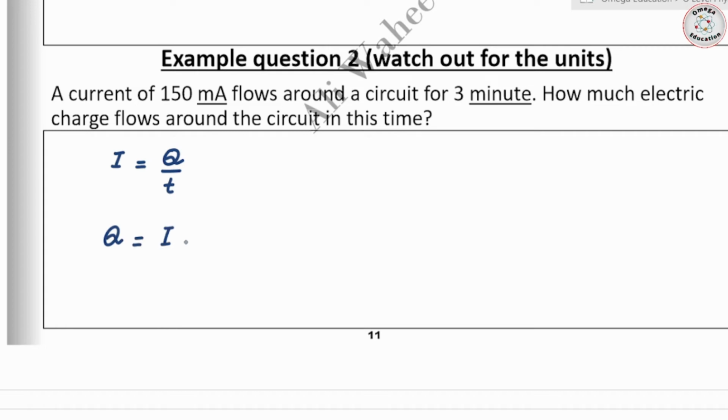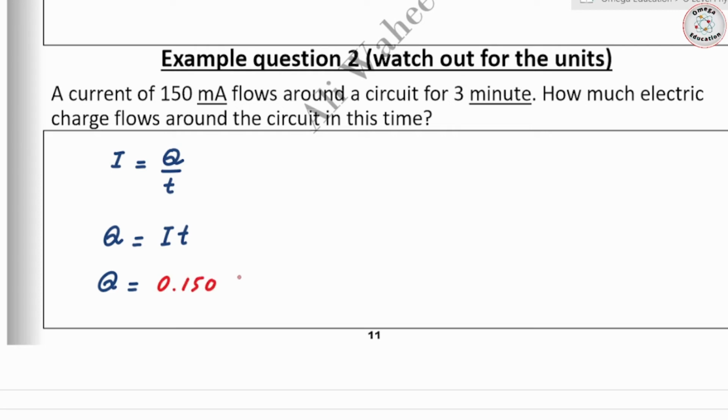So Q equals, once again inserting the values here, I is 150 milliamperes. In amperes, that would be 150 divided by 1000, which would be 0.150. Then time has to be in seconds.